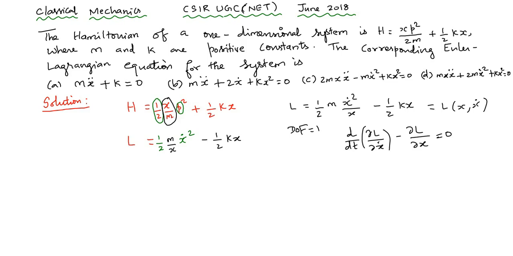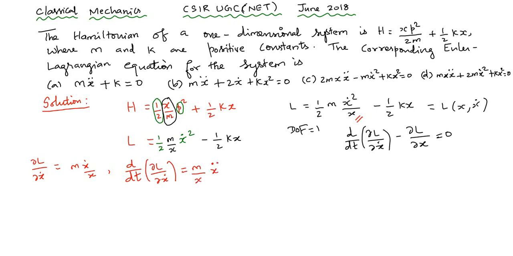So let us calculate that. So what is partial L by partial x dot? So x dot appears only in the first term. So this is simply m x dot by x. Now if you calculate d by dt of partial L by partial x dot, when I take the x dot time derivative, in x you treat it as a constant, so m by x, x double dot.